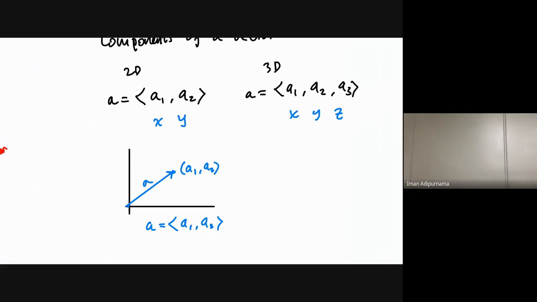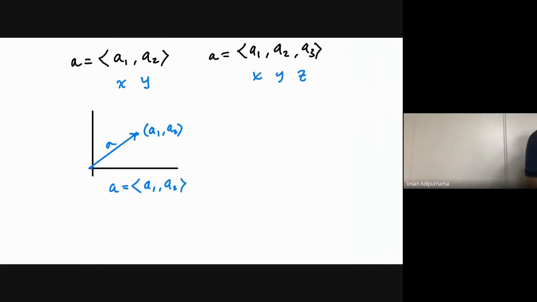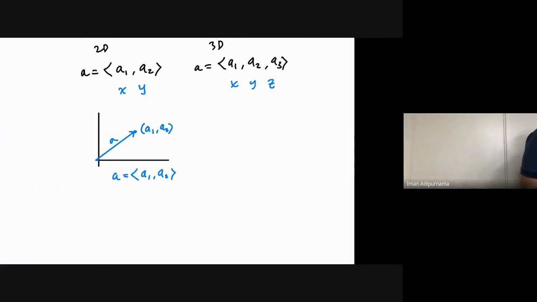If you see brackets like this one, this means the vector, okay? Which means A1 minus 0, A2 minus 0, just a reminder for you. And of course, we also have 3 dimensions.